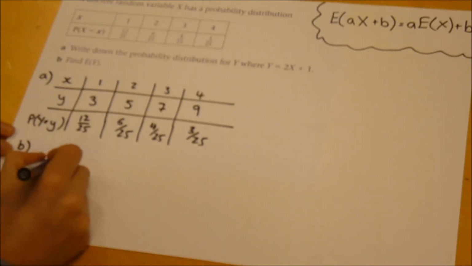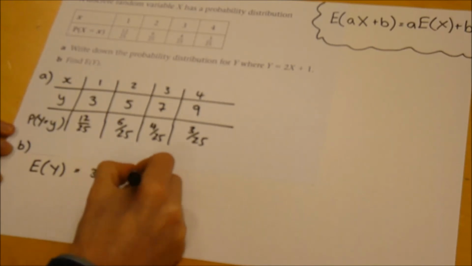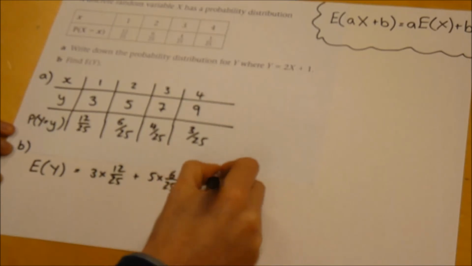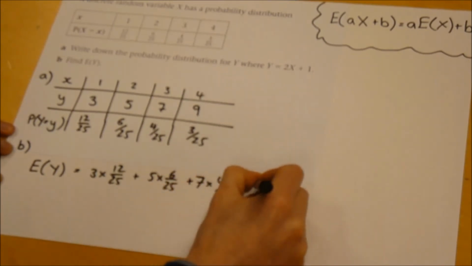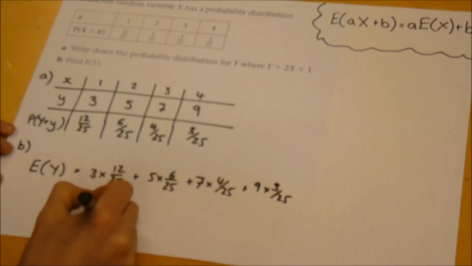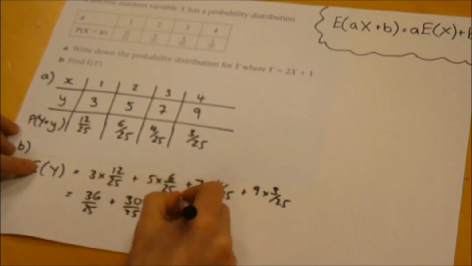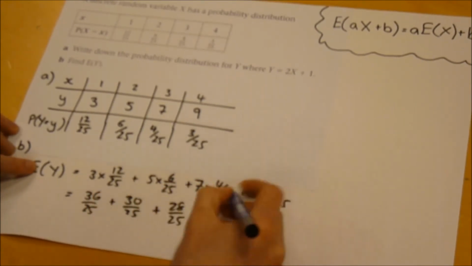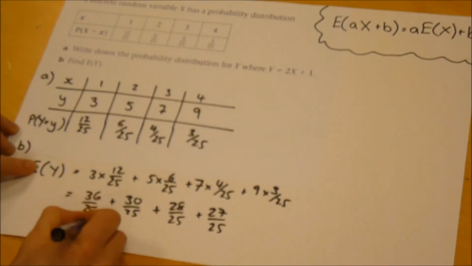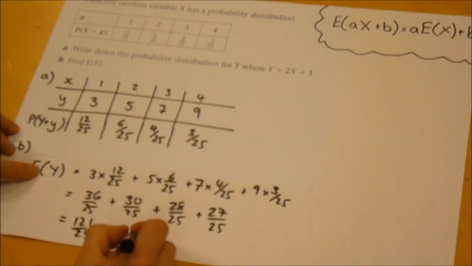So we'd get the expected value of y is 3 times 12 over 25 plus 5 times 6 over 25, plus 7 times 4 over 25, plus 9 times 3 over 25, so that's 36 over 25, plus 30 over 25, plus 28 over 25, plus 27 over 25. And if you add that up, it comes to 121 over 25, which is 4.84.